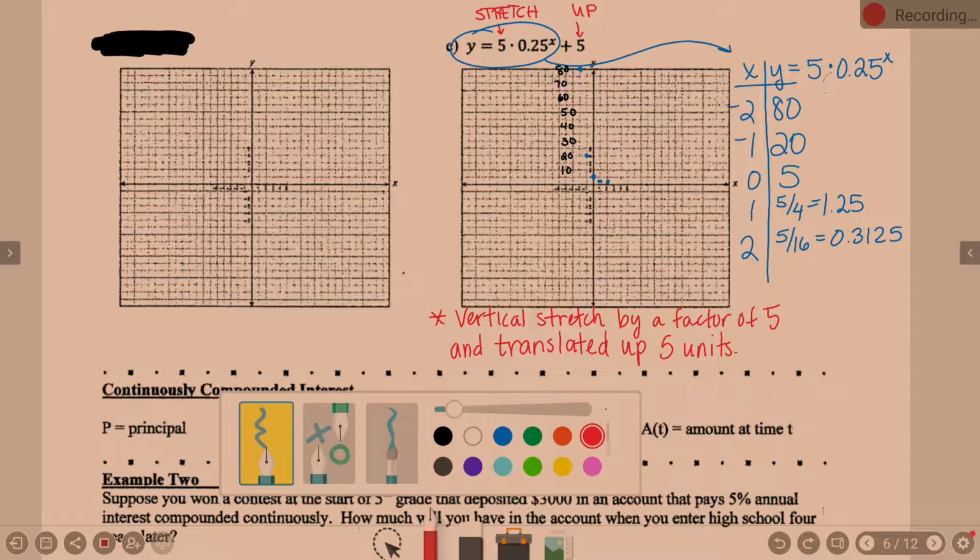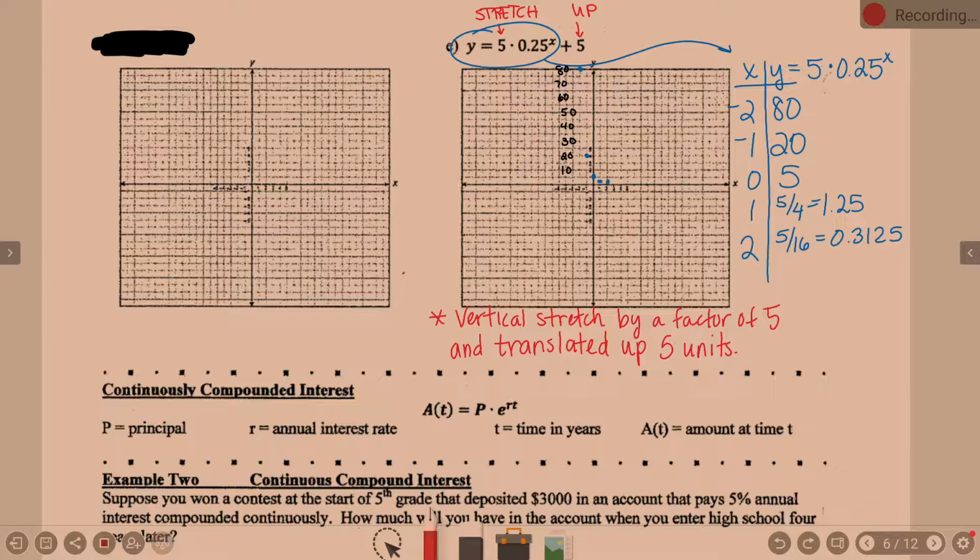Officially, what do I have to do to finish this graph? Yeah, you're going to take these values here and move up 5. What is moving up 5 on this graph? 1 line. So my 80, I'm just going to draw it in there, 85. 20 moves to 25. 5 moves to 10.